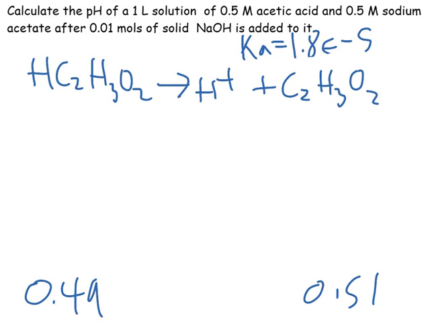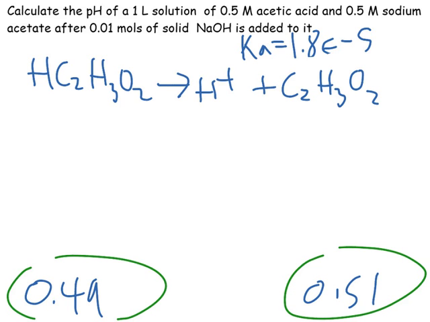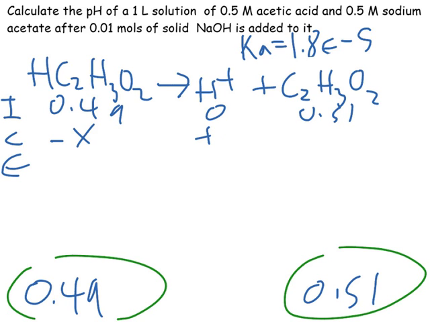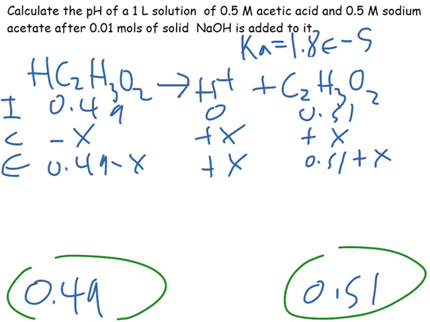Remember that we want to use these concentrations right here. So let's make our ICE table. It's going to be 0.49 here, 0 here, and 0.51 here. It's going to decrease, increase, increase. Now we have our equilibrium, and we know our Ka, so we're good to solve.